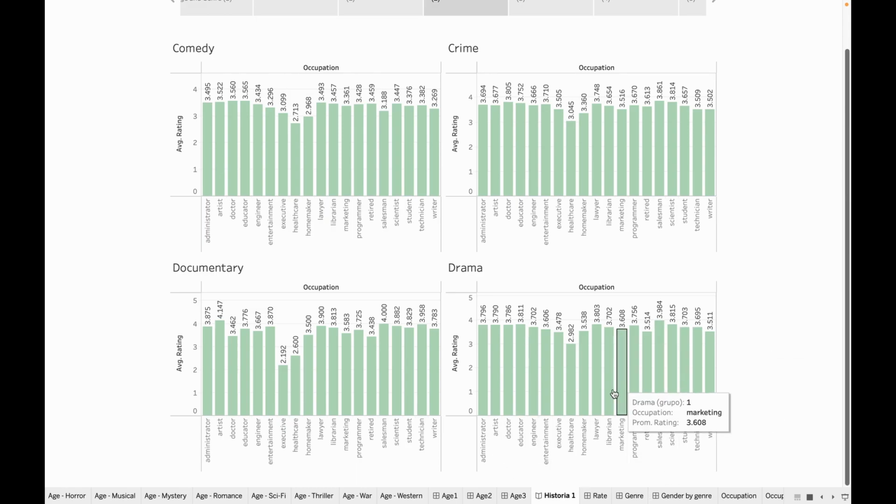And also here we have drama, in which we see that healthcare gives a really low rate, and a salesman gives a really good one.